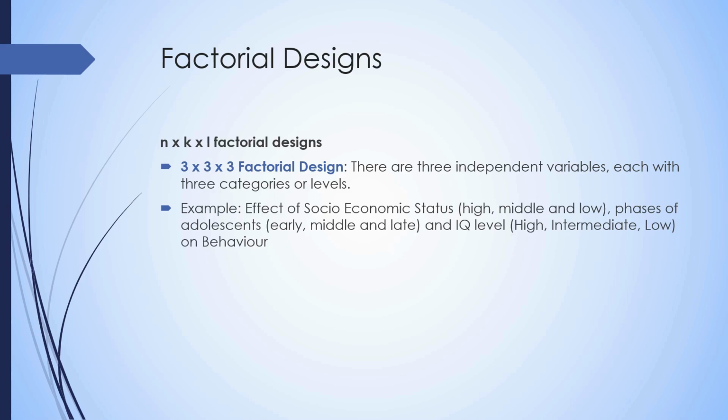We have another example for n into k into l factorial design here. This is a 3 by 3 by 3 factorial design, wherein we have three independent variables, and under each independent variable we have three levels each. Let's see an example. The effect of socio-economic status, which is the first independent variable. Second is phases of adolescence, second independent variable, and IQ level, which is the third independent variable.